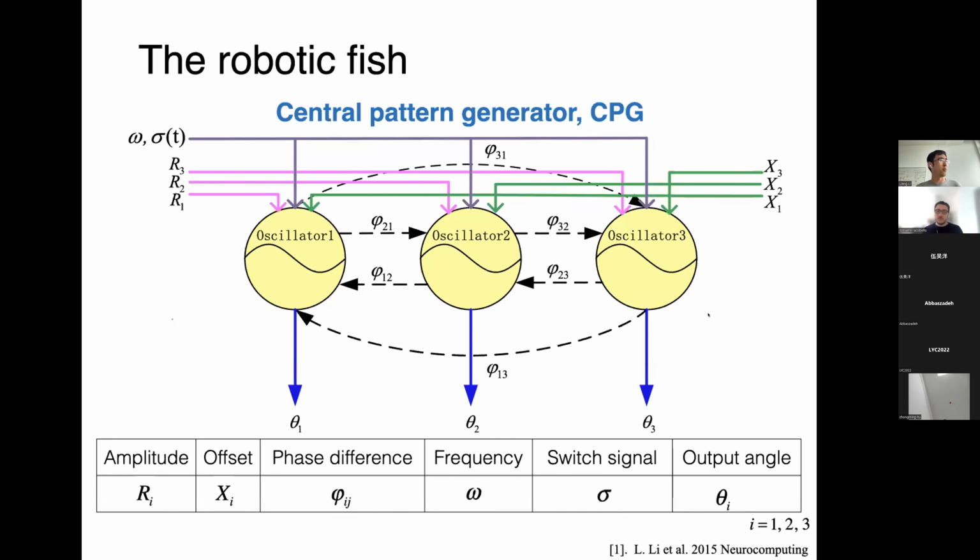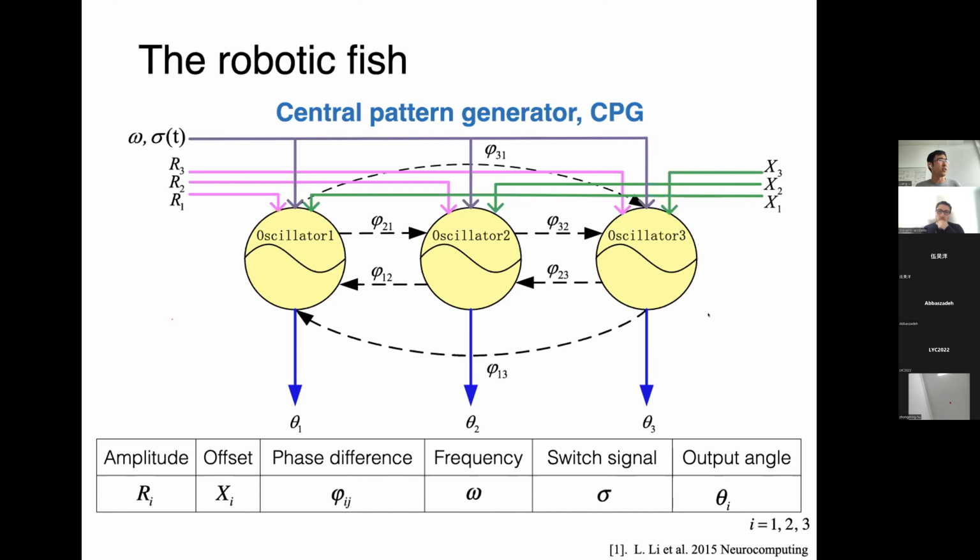Imagine you want to take a bus to go to uni or institute to work. Before you go to the bus station, you find the bus is already there. What will you think in your brain? You probably think run to catch up the bus. You never think about what exactly the frequency my leg should use, what exactly the amplitude my leg should use, or what exactly the phase difference between my 2 legs I should use to perform the run to catch up the bus, right?